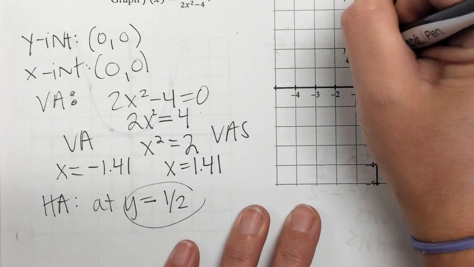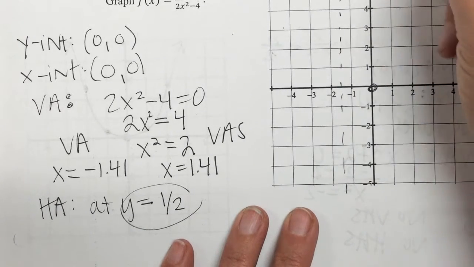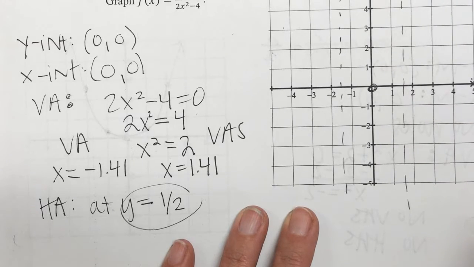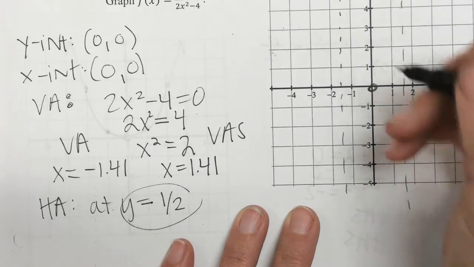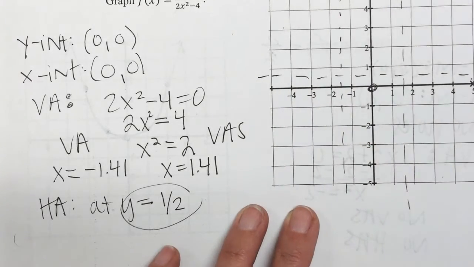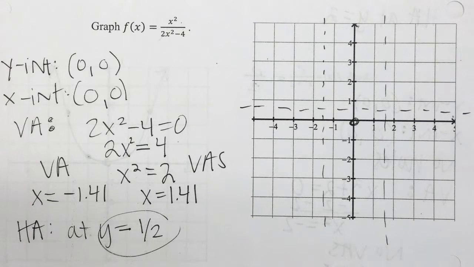I'm going to just draw mine at around 1.5. Then 1.41 on this side. And then our HAs at 1/2. And then go ahead and try to graph the other points on your own, using your table.